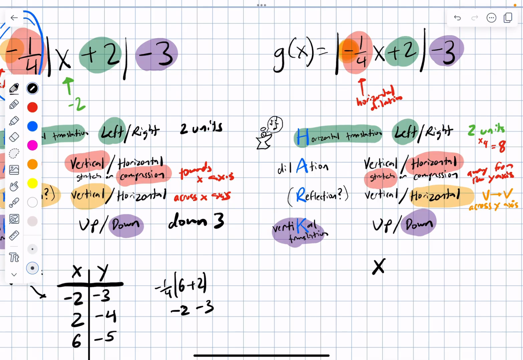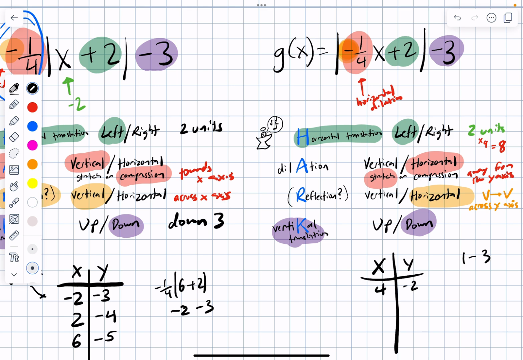So if I have x and y, what would be satisfying? Let's plug in 4 to this. 4 times -1/4 is -1, plus 2 is 1, minus 3 is -2.